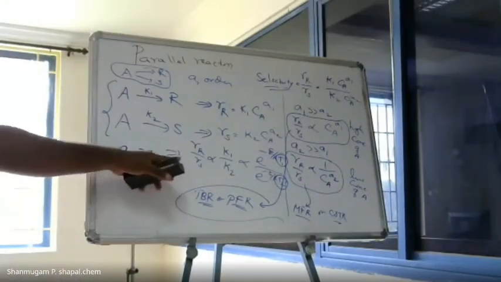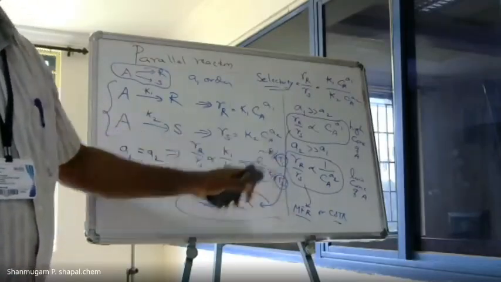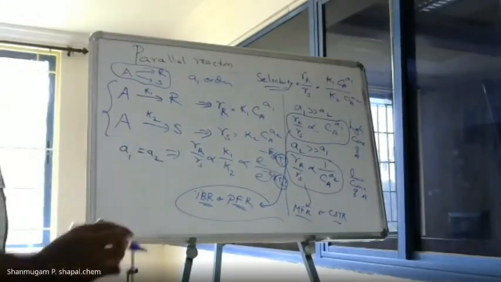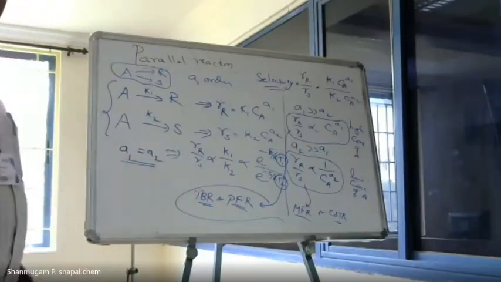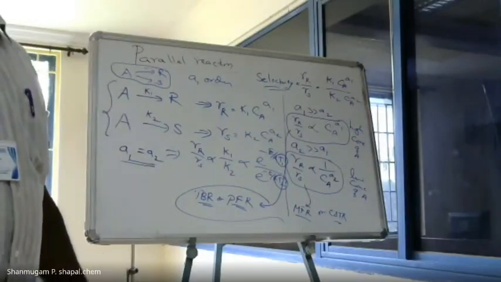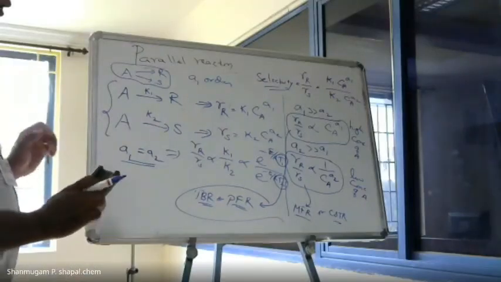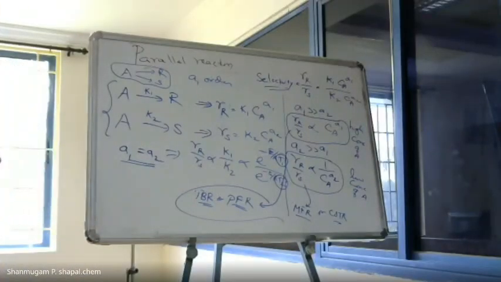So to have a higher selectivity, the temperature parameter would be very much influential if you consider the same order for both parallel reactions. This is the general case we studied in the beginning.